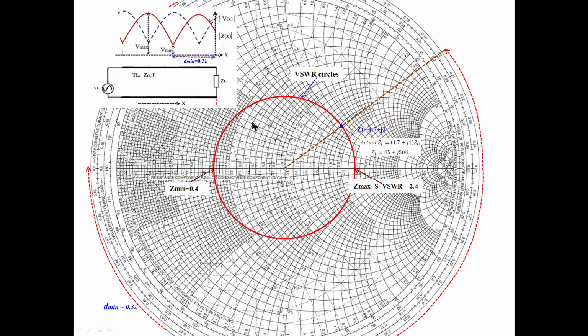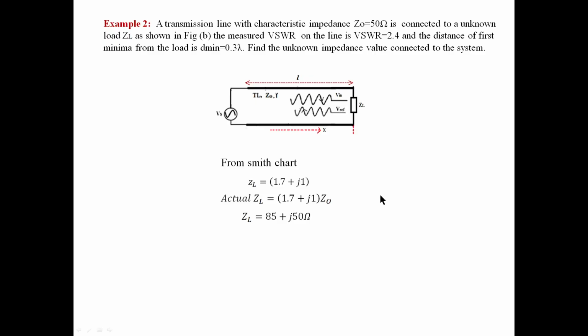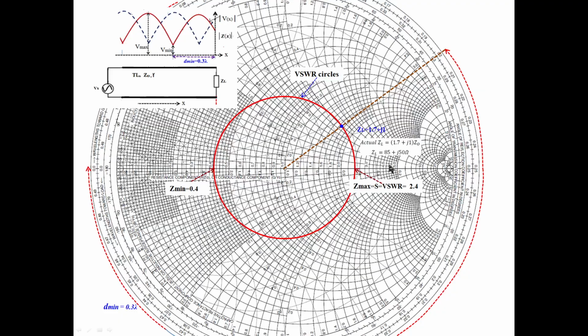So what do we have to do? We have the VSWR given. Draw the VSWR circle. How to draw the VSWR circle? VSWR is given as 2.4. Where is the 2.4? This is 1.2, 1.4, 1.6, 1.8. Actually, this is the Z maxima value, and that itself is the VSWR.